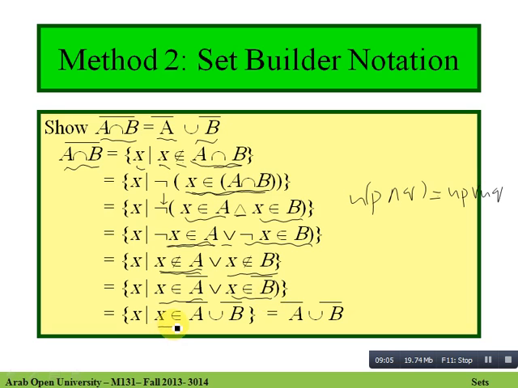It means that X belongs to A complement union B complement, because it is an OR condition, and OR means union. So X belongs to A complement union B complement, and hence we reach the right hand side. So we started from the left hand side and we reached the right hand side, hence it is proved.